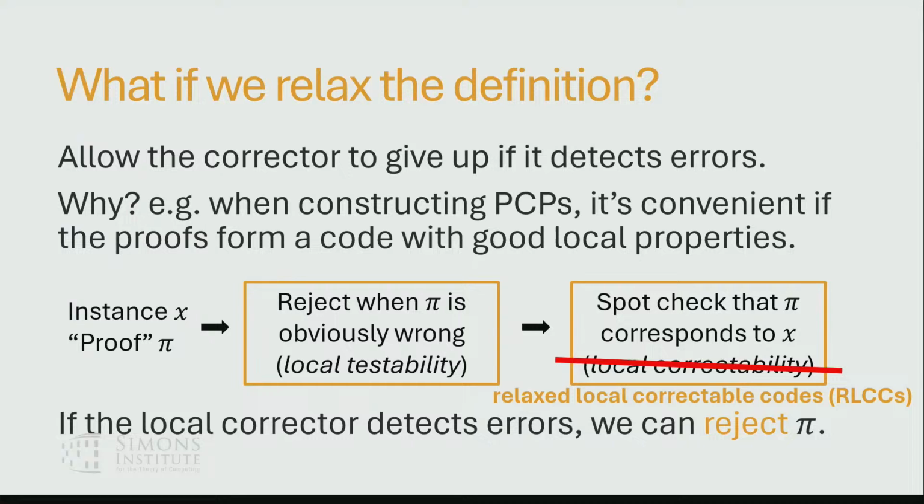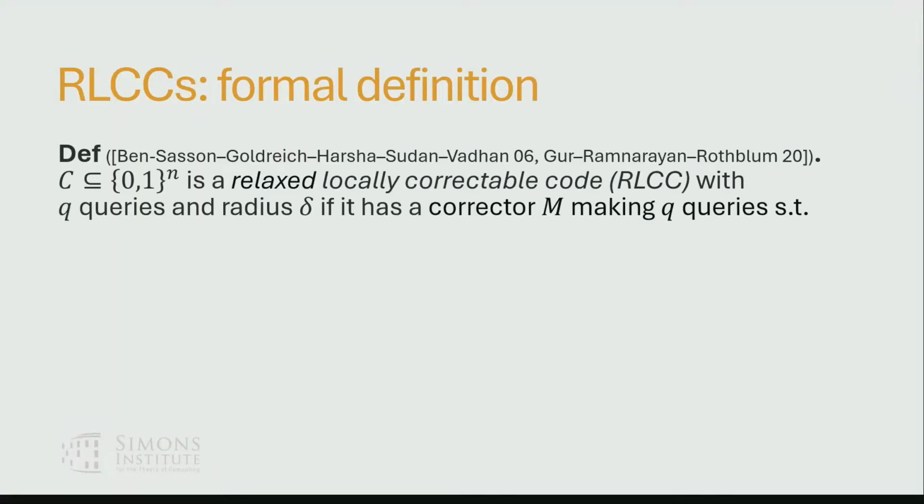Right, so formally, what is the definition of relaxed locally correctable codes? This definition first appeared in the relaxed locally decodable code form with Ben-Sasson, Goldreich, Harsha, Sudan, and Vadhan.